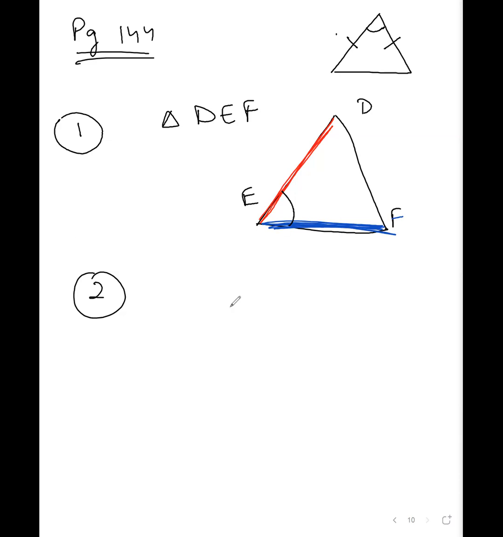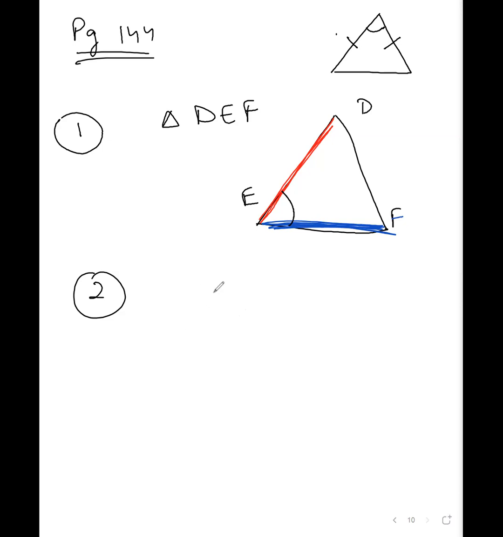Okay. What does this mean, Hiba? Can you try to explain it to me? I didn't understand. Okay. So if you don't understand a question, just whatever information is given, first make a rough diagram.